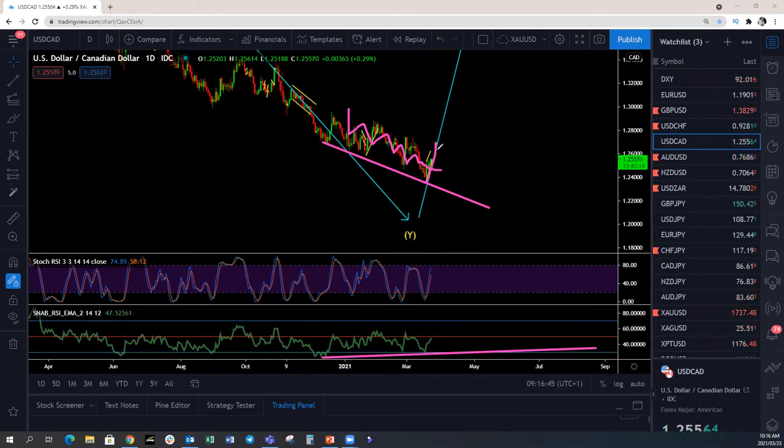We can get one move up here and then one last one to the downside before we start expecting reversals to the upside. Now, even here at 120 doesn't mean that we're just going to come touch and reverse. It may take some time here. You can get some structures before you actually get the move to the upside. So we're just going to be tracking that.